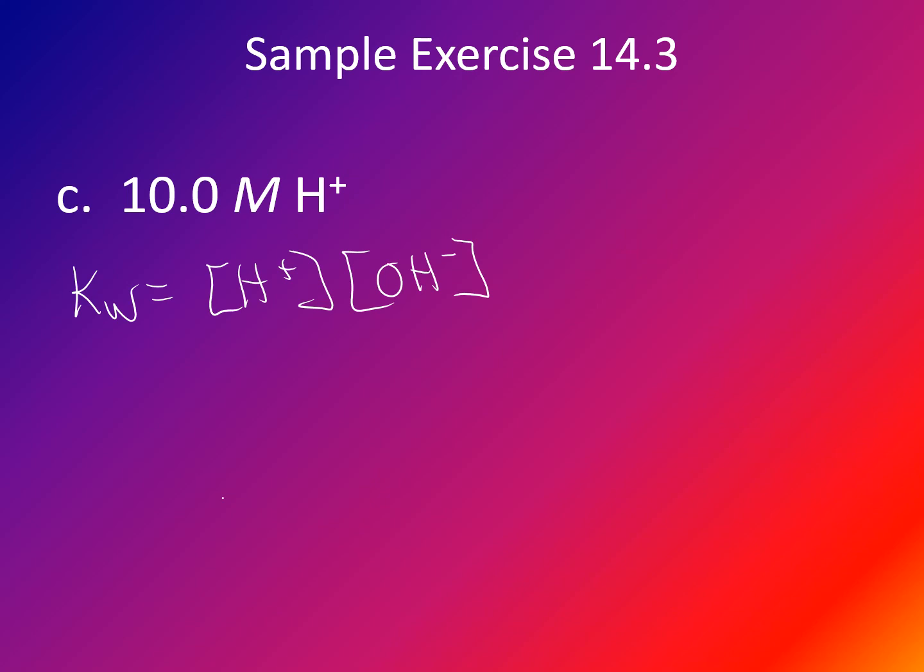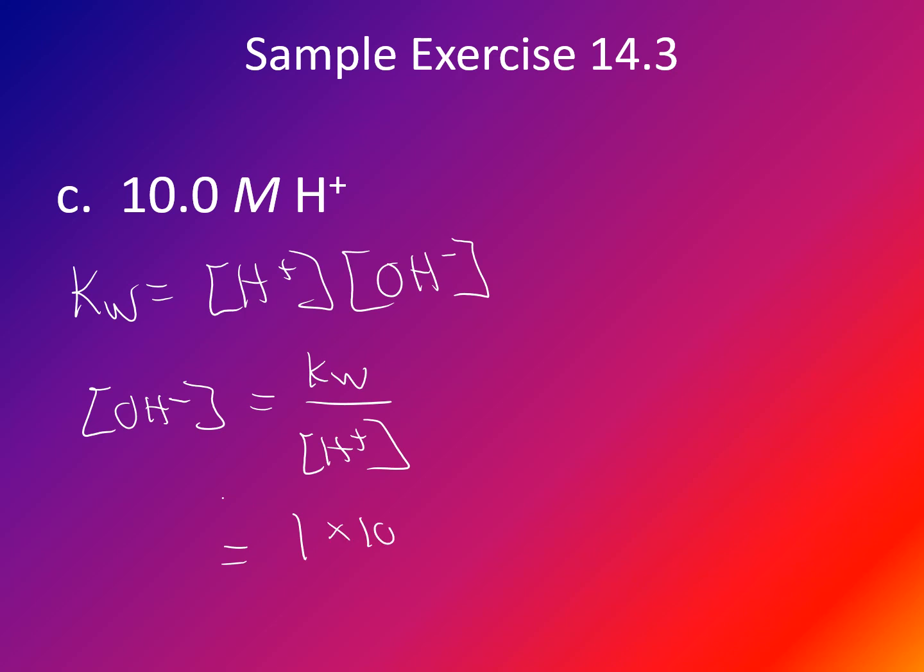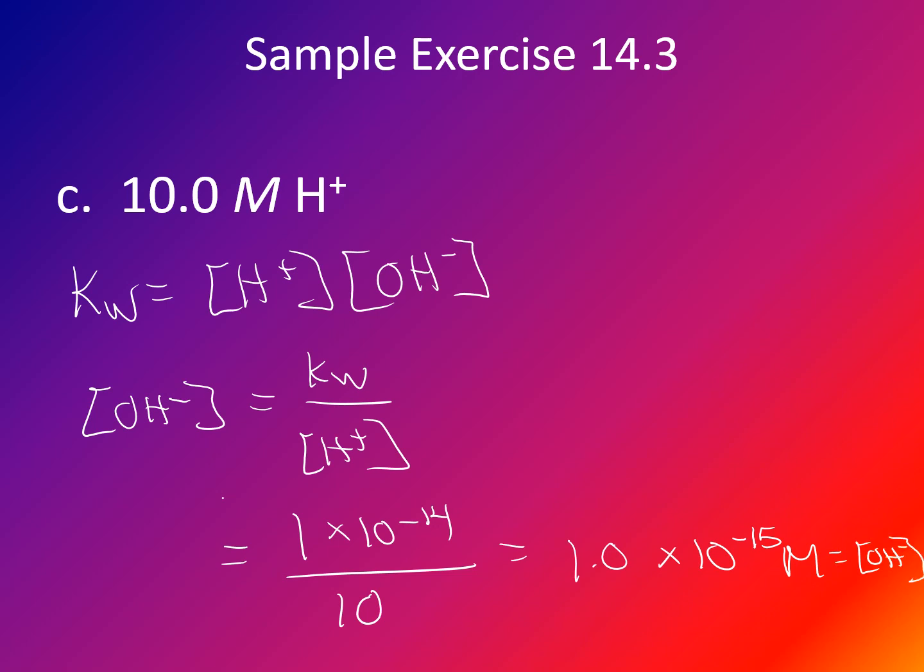So we have hydroxide equals Kw over your hydrogen, and 1 times 10 to the minus 14th divided by 10 molar will give us a value of 1 times 10 to the minus 15th molar for your hydroxide concentration.